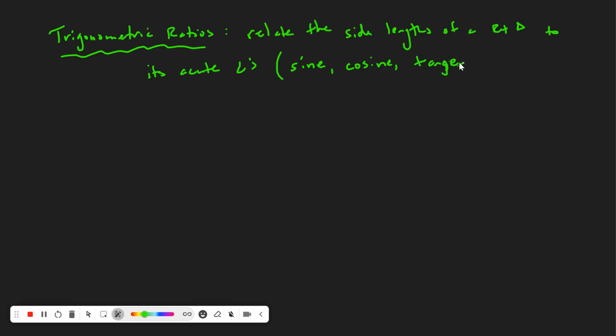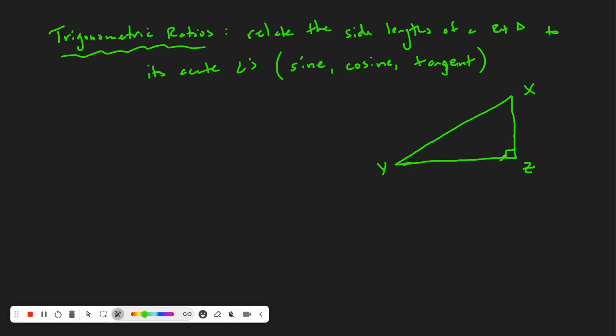Okay, so before I set you up, let's draw a right triangle. Here is the right triangle we're going to use, with the right angle here. I'm going to call this right triangle XYZ.